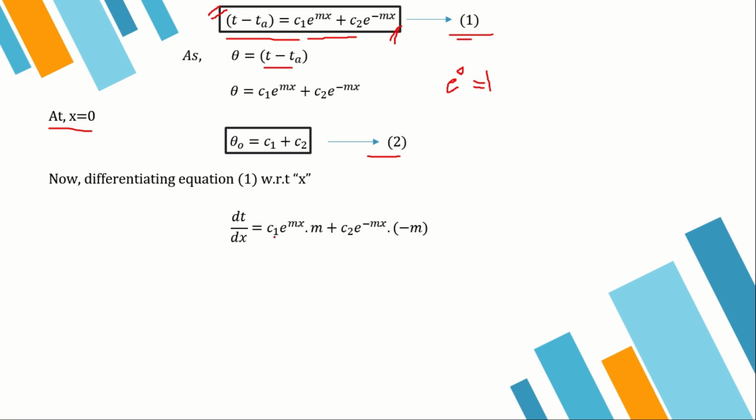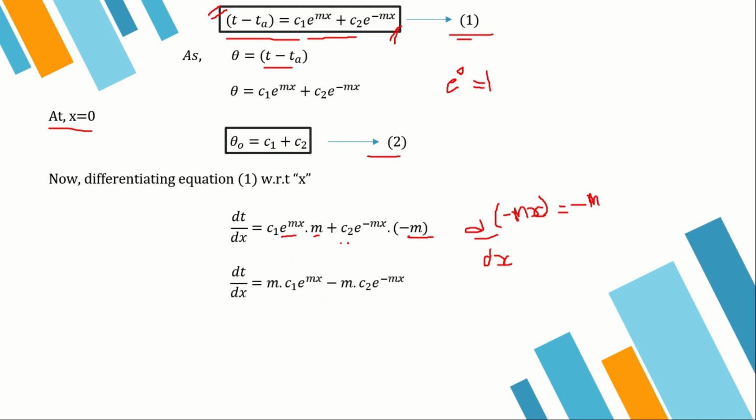So dT by dx is equal to C1 e raised to the power mx, and differentiating with respect to x, we are left with m, and C2 e raised to the power minus mx. E raised to the power minus mx remains e raised to the power minus mx, and differentiating with respect to x gives minus m, that we have written here.